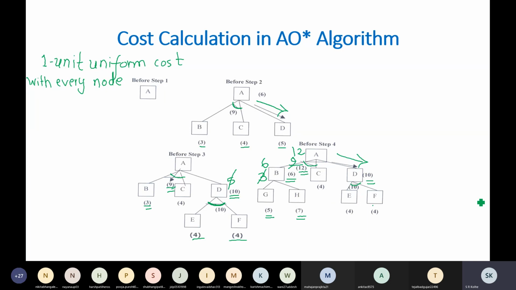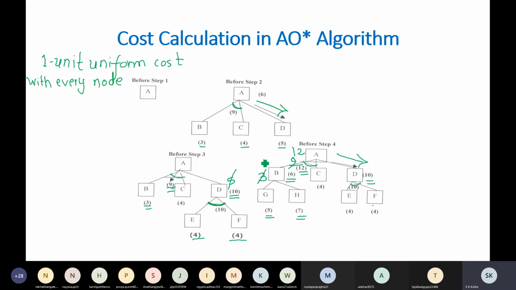This is how this AO star algorithm performs cost calculations. And since this cost has changed, the cost associated with node A will also change. So what we do in this AO star algorithm, we perform cost revision, and you might have noticed cost revision takes place from bottom to the top node.